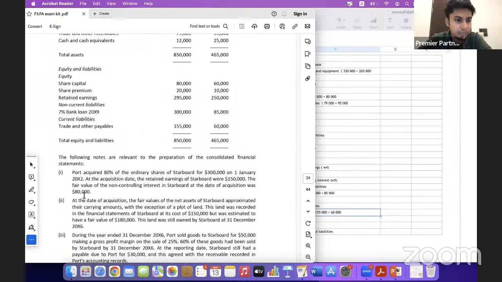Now, guys, have a look at this part over here, Roman number 1. Port acquired 80% of the ordinary share of Starboard for 300,000. So to buy the subsidiary, we paid 300,000. This is what we call consideration. That means to buy the subsidiary, how much did you pay?